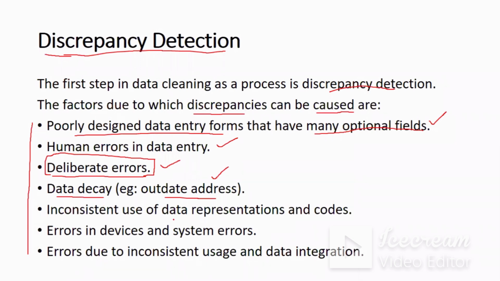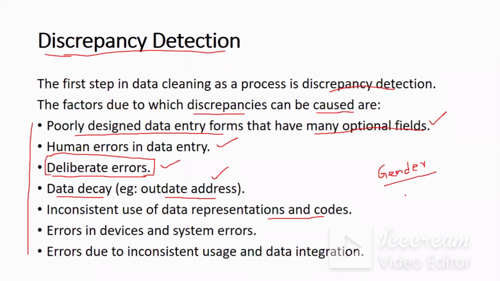Next is the inconsistent use of data representations and codes. For example, in case we want to take the gender of a person who comes into a shop, for example a mall, sometimes we give them options as male and female.